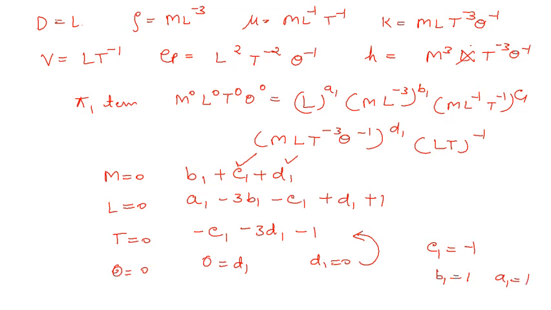So I can write the phi 1 term as d to the power 1, rho to the power 1, mu to the power minus 1, k to the power 0 and v.